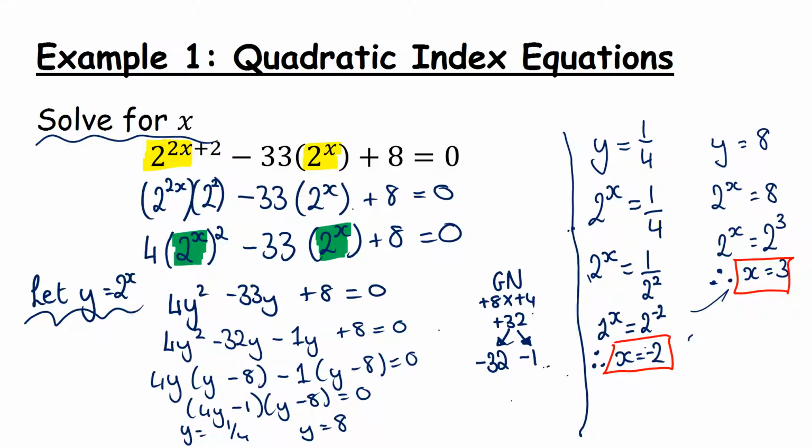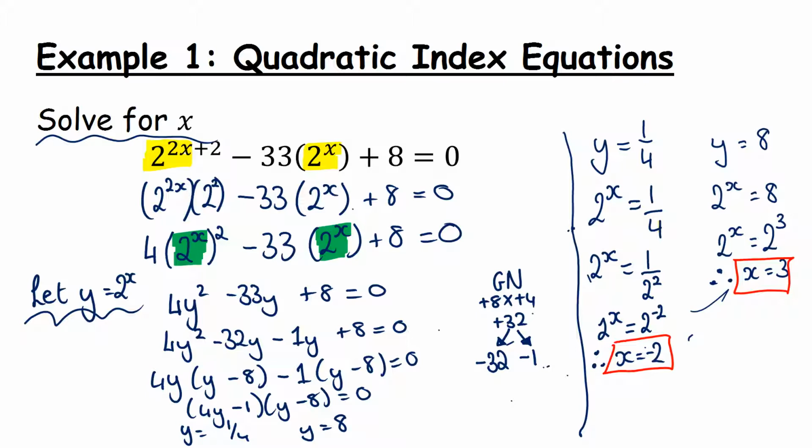So we have 4y squared minus 32y minus 1y plus 8 equals 0. We take out 4y and we're left with y minus 8. We take out minus 1 and we're left with y minus 8. That leaves us with 4y minus 1 and y minus 8 equals 0. So y equals a quarter, or y equals 8.